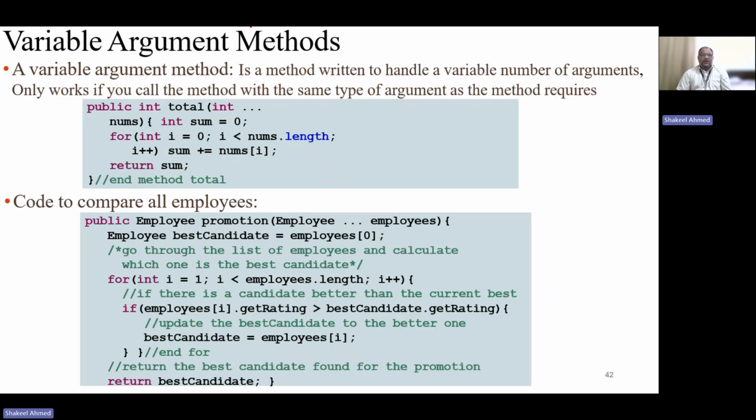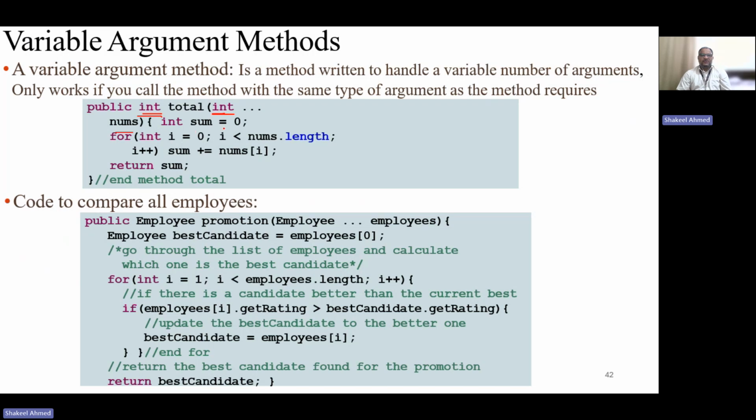So, variable argument methods. A variable argument method is a method written to handle a variable number of arguments. It only works if you call the method with the same type of arguments as the method requires. So see here, for example, we have the return type as integer, and we are taking the numbers.